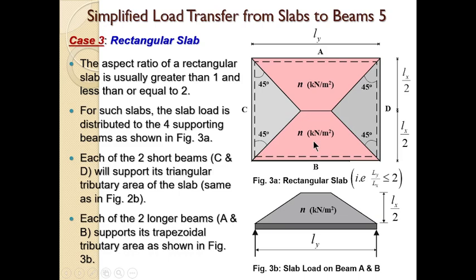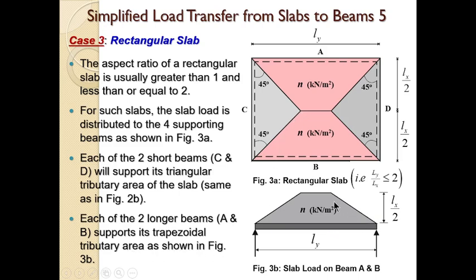Trapezoidal tributary areas. Now each of the two short beams C and D will support this triangular tributary area of the slab, which I have said. Each of the two long span beams will be supporting a trapezoidal tributary area as shown.